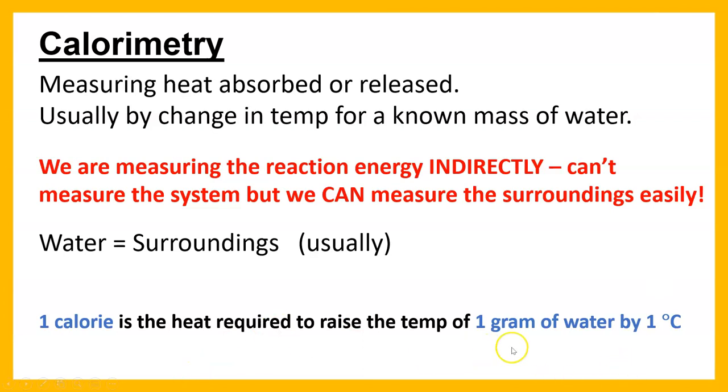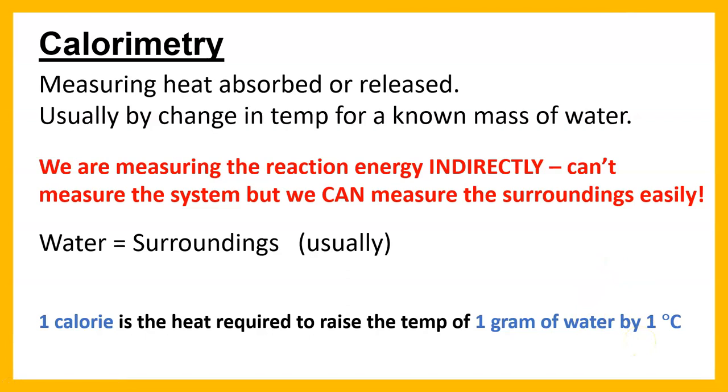Just a couple of unit things that can be helpful. Calorie is not often used in chemistry, but it is more used in real life or in biology sometimes. A calorie is the amount of energy to raise 1 gram of water by 1 degree Celsius.